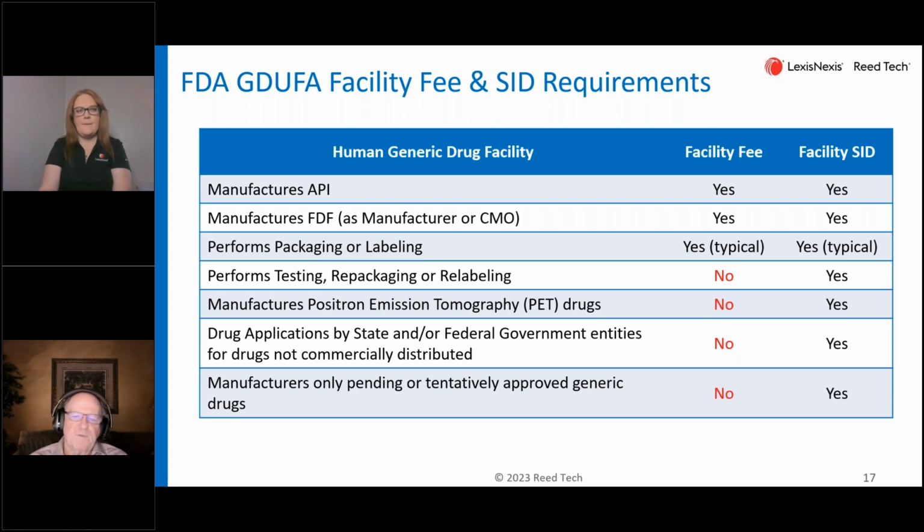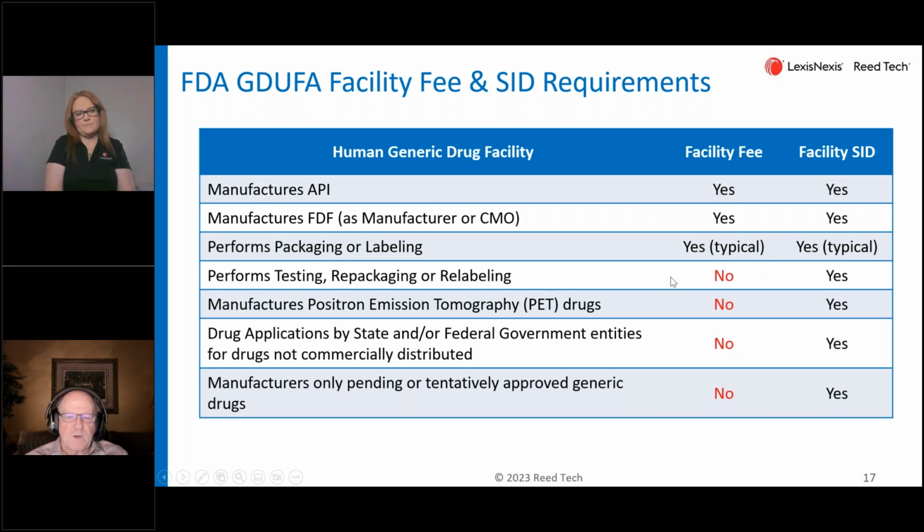You start off with the first couple rows here: human generic drug facilities that manufacture an active pharmaceutical ingredient or a finished dosage form, whether it's a manufacturer or a CMO, are responsible for both. Pretty straightforward. Then it starts to get a little tricky. There are some questions about whether the packaging or labeling operations would be in scope, and typically yes, both for the user fee and the self-ID.